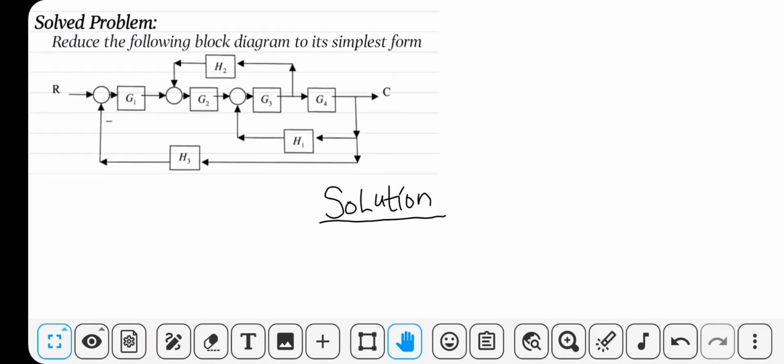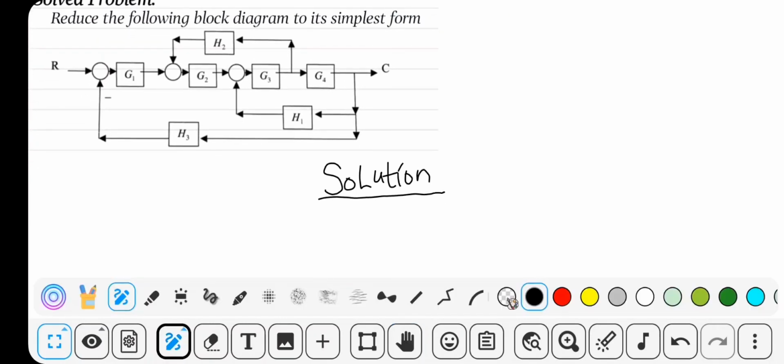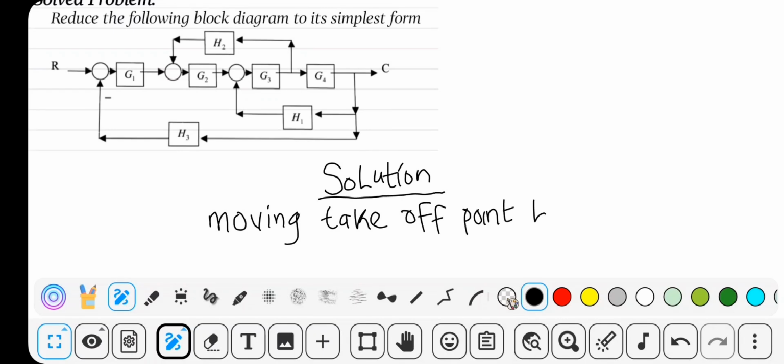So the first rule I'm going to use is for moving the takeoff point beyond G4.